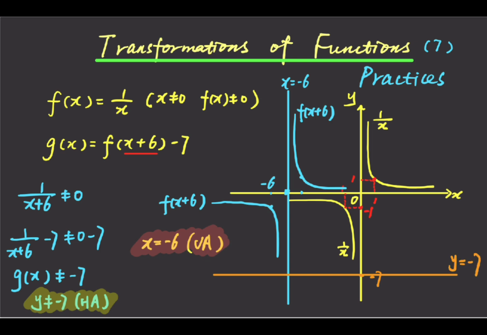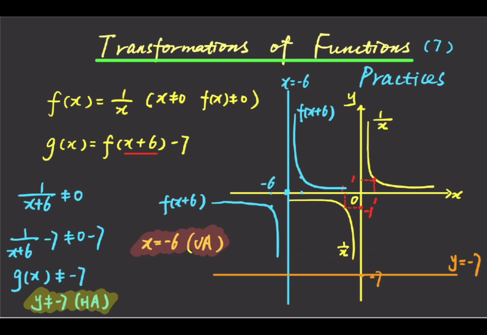Now you can easily get the image point for this point. It should be here. Okay, that is to say the x coordinates should be kept unchanged, but the y coordinate should be moved downwards by 7 units. Here it is +1, so 1 minus 7, it should be -6.